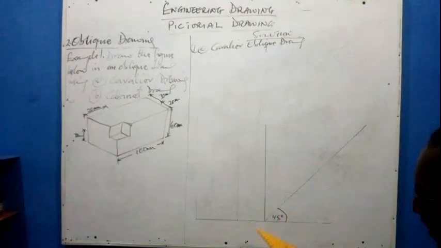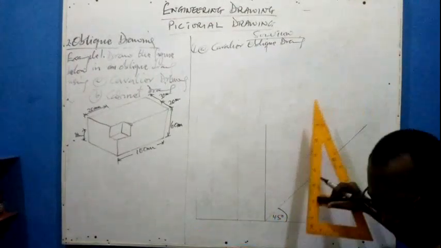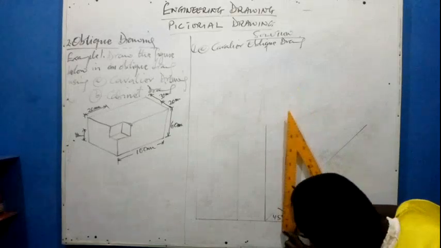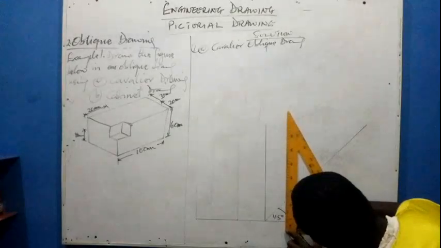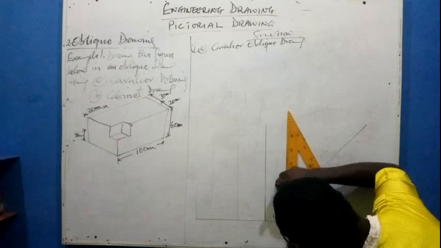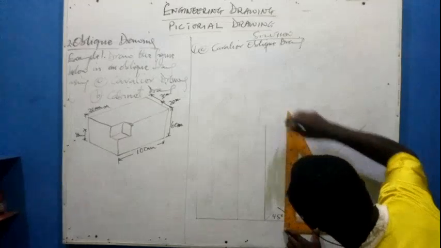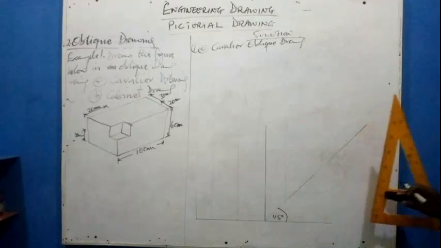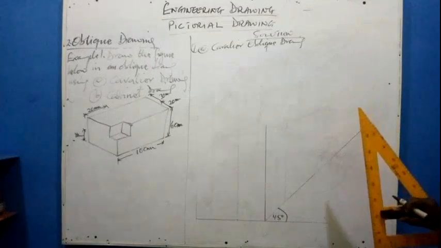Then I come and do this side. Now I have this side, which is my 20. Yes, I have done it. Then I come to this section.